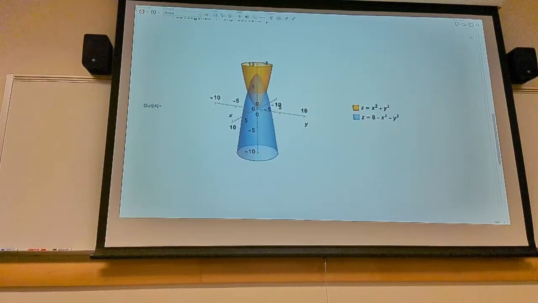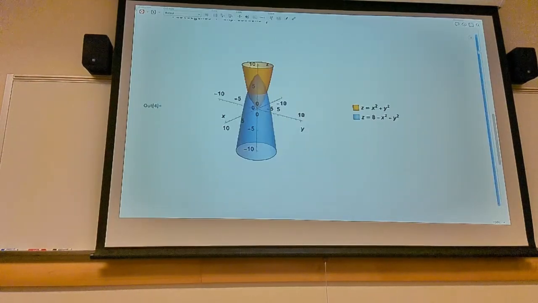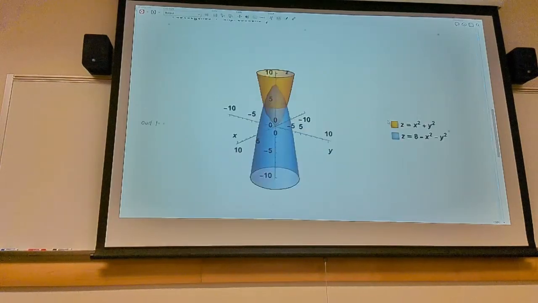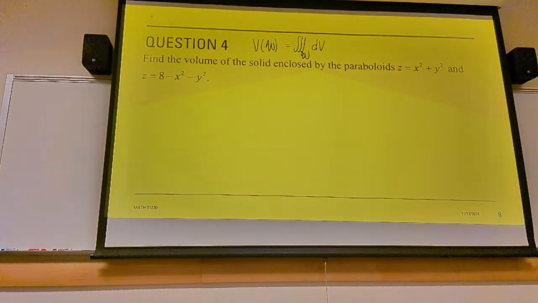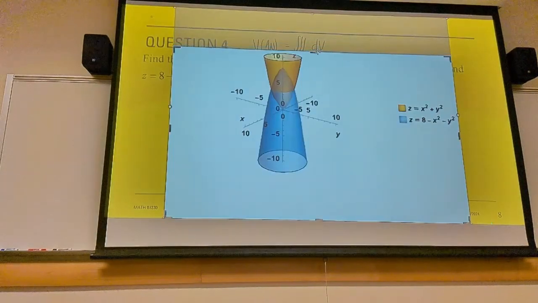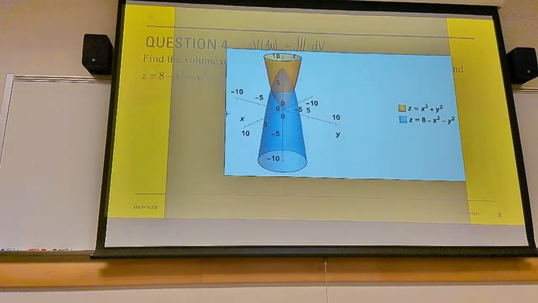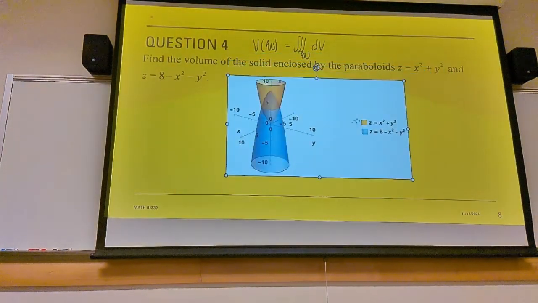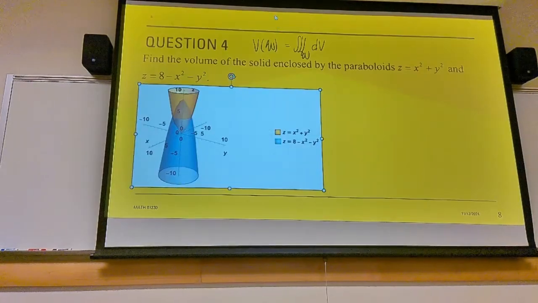What coordinate system do you want to use? Describe it.